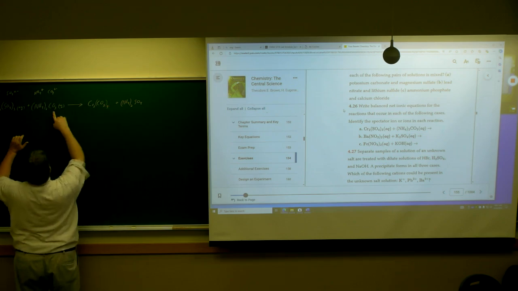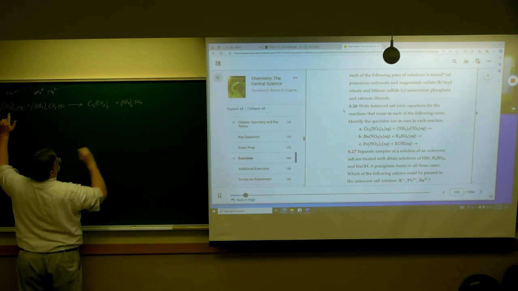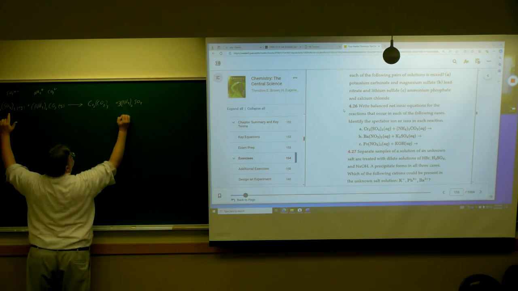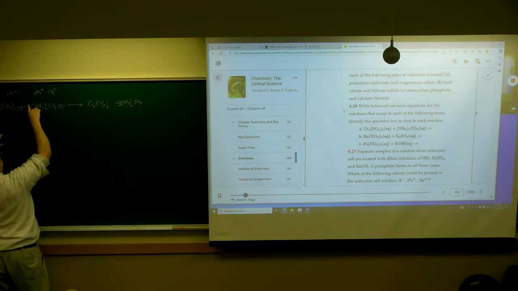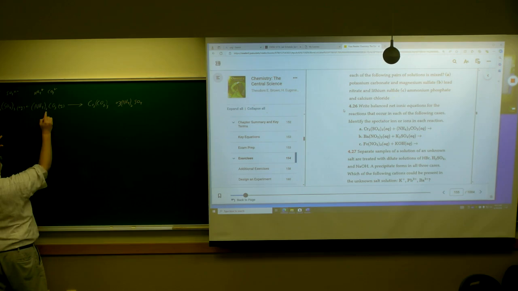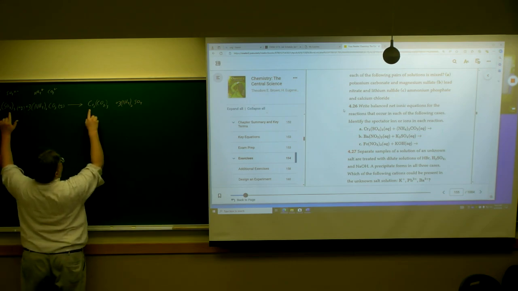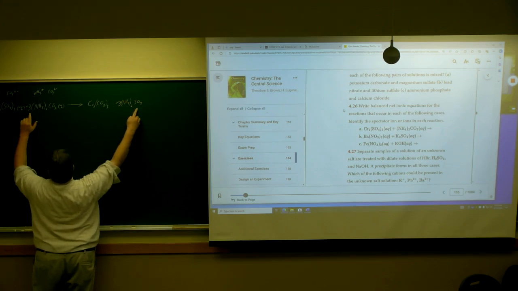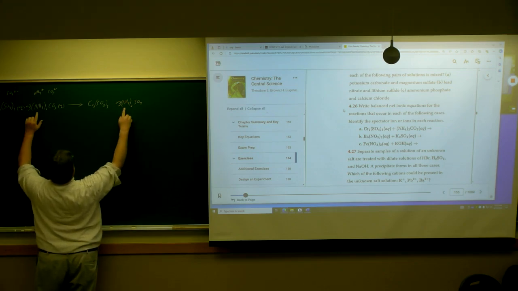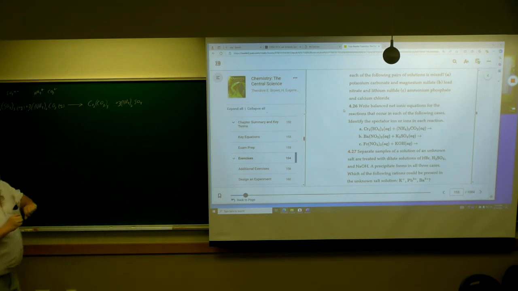Got 3 SO4s. That gives us 6 NH4s. So that's going to be 6. 2 of those, SO4, 3 of those, 6 NH4s, 3 CO3s. Now it's balanced.